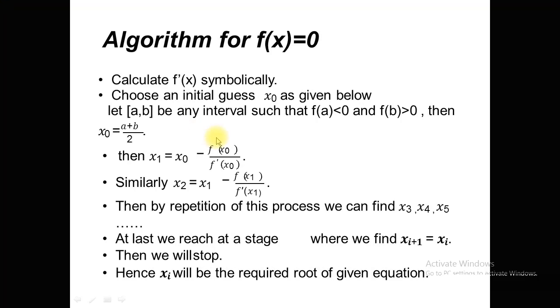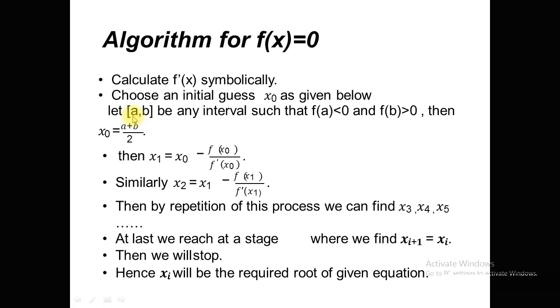And the algorithm procedure to find the approximate root of a nonlinear equation will be, first of all, calculate the derivative of the function and then choose an initial point, an initial guess x naught, as given below. To guess the initial point x naught, take any two values a and b such that the sign of the function at these two values will be opposite.